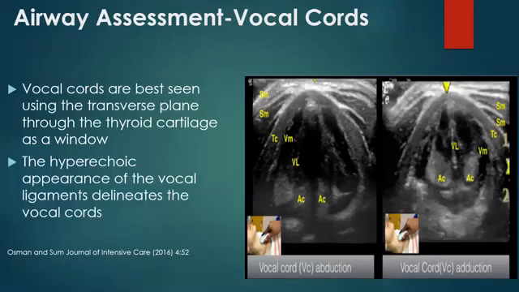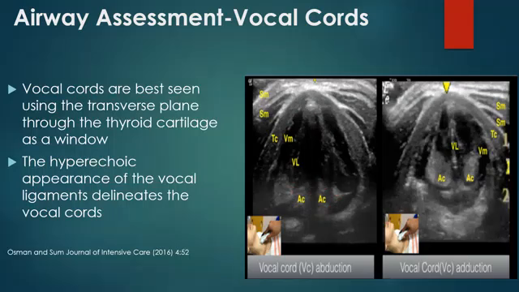If you're assessing the vocal cords, they are best seen using a transverse plane through the thyroid cartilage as a window. Here is the thyroid cartilage, designated as TC. As well, you can start to see the cords here, the medial and the lateral cords. The arytenoid cartilage is down here.